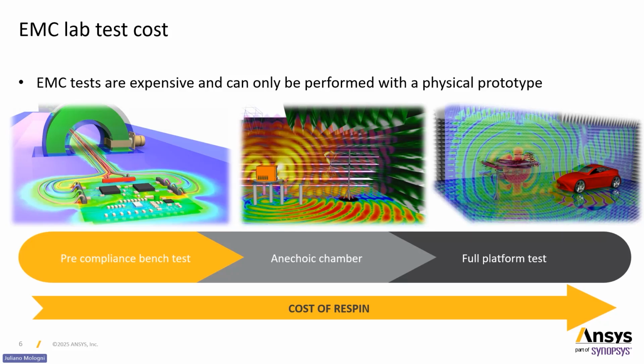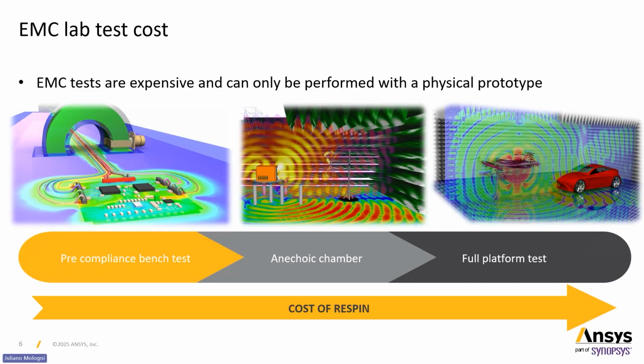But if you look at the EMC lab tests, especially if you have bigger products like a car in the right-hand side, you're going to need some very expensive equipment, right? The semi-anechoic chamber, and that takes time and money, right?